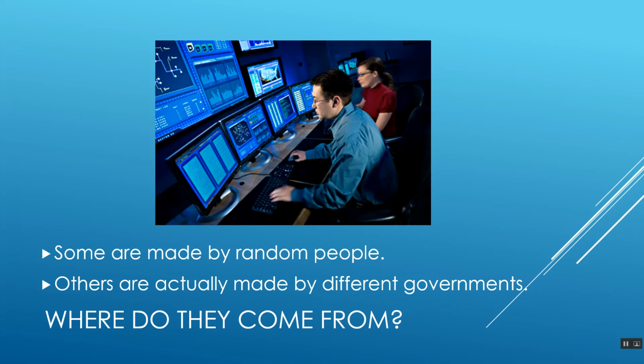And effectively what just happened was one of the reactors just started messing up and exploded. And they checked it, and it came back to a virus that had infiltrated their system. Now, this is a very specific virus, specifically designed to mess with a nuclear reactor. Obviously, this is not something some random person would do.